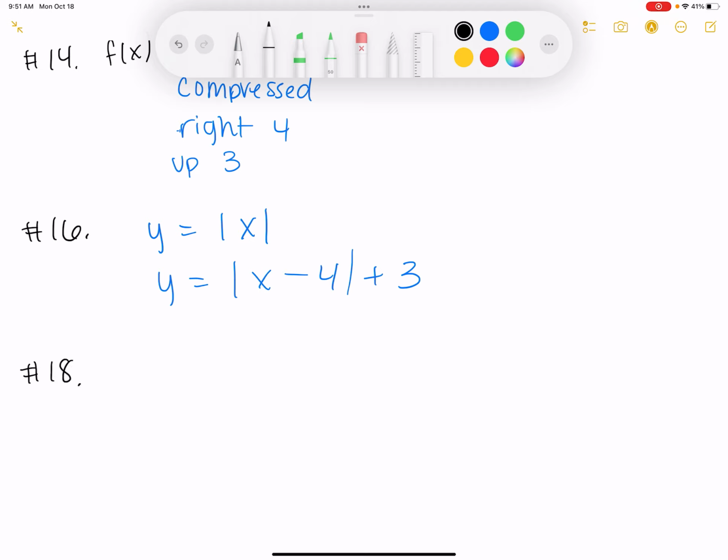Alright, so 18, again, we always start with y is equal to the absolute value of x, and we go from there. What do you notice about this one? It's reflected, so what does that mean I need to do? You need to put the A there. But what's the number?